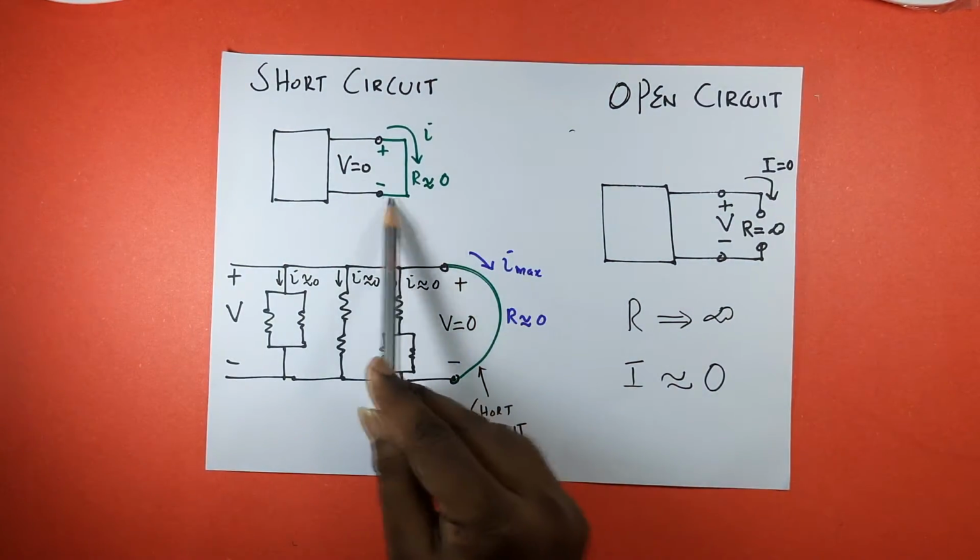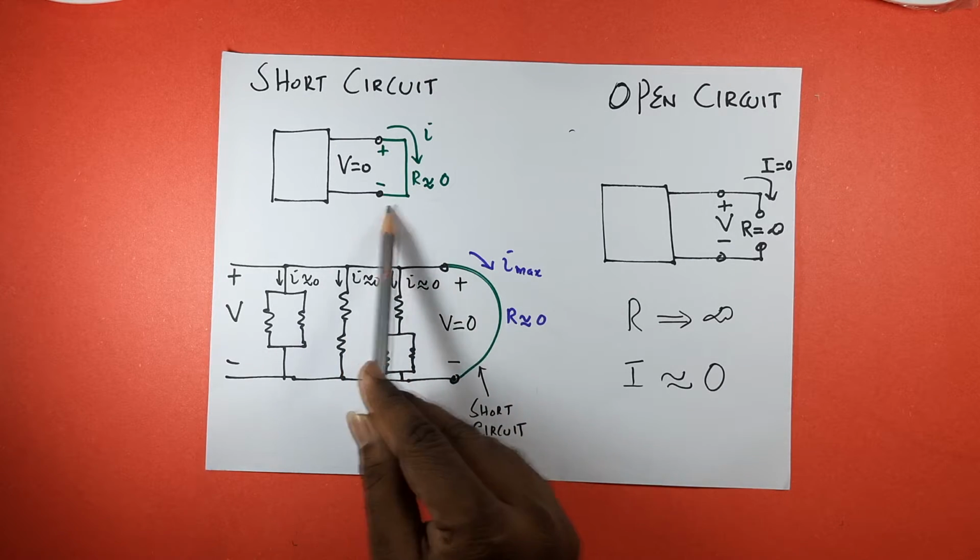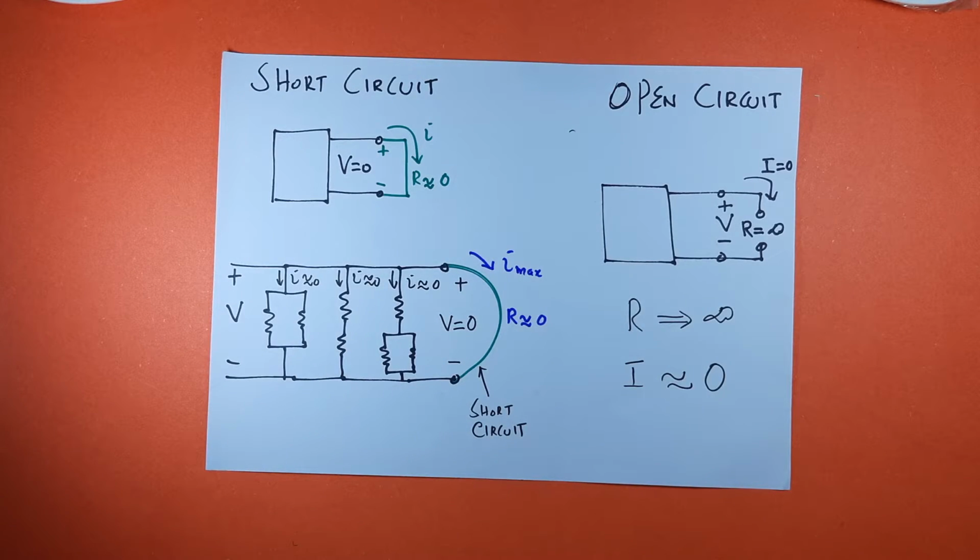The resistance of this wire is almost zero. Okay. So in a short circuit, the resistance is zero, the voltage becomes zero, but a very large current, very high current flows through the short circuit.